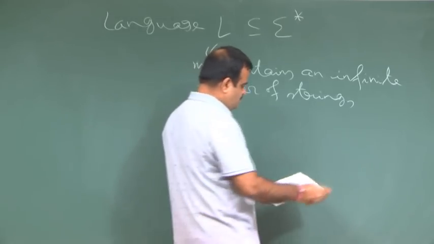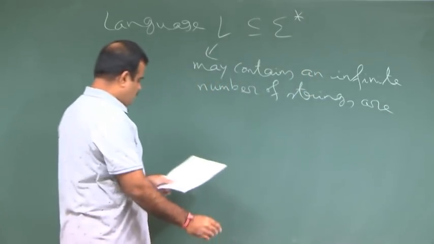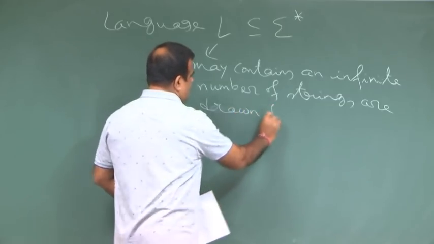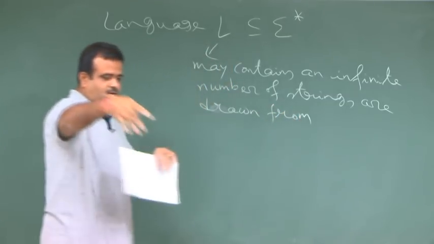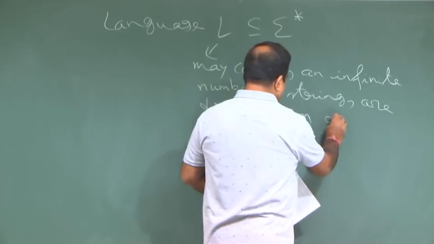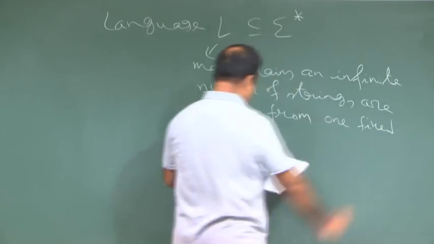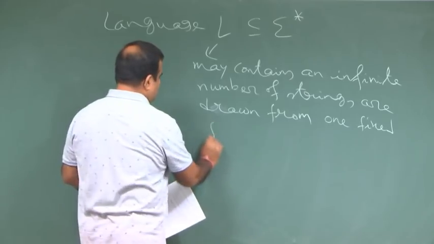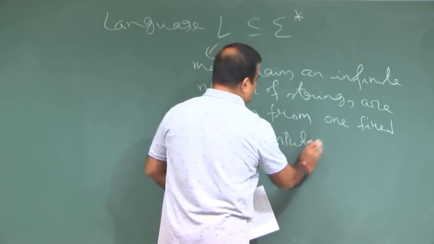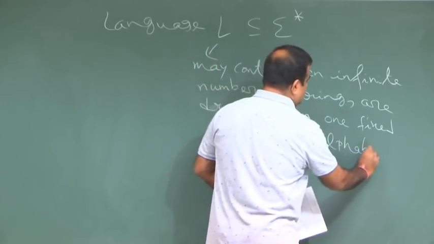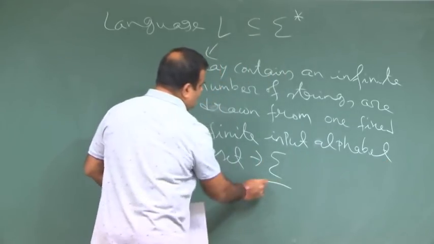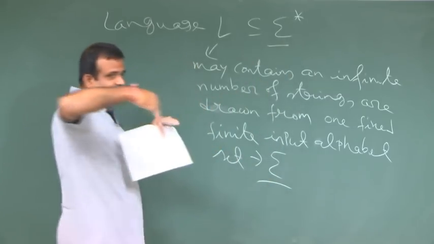The strings are drawn from, this is important, our input symbol set is finite, but we can make strings of infinite length from one fixed finite input alphabet set, and that is our sigma. The sigma is finite, but this is infinite, the length could be infinite.